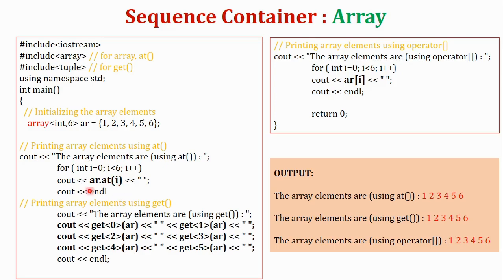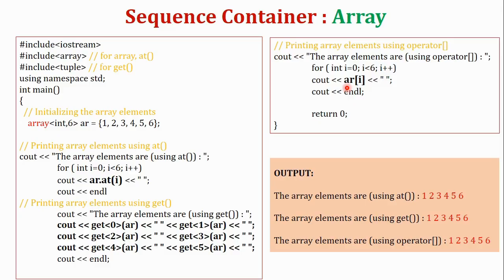And next is another way to get the values of the array. For example, the get method. Get 0th position means what? 1. The first position 2. The second position 3. Third position 4. Fourth position 5. And fifth position is 6. That will be printed here. Again we are using another method.